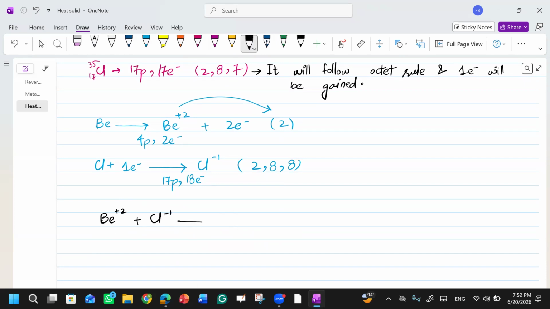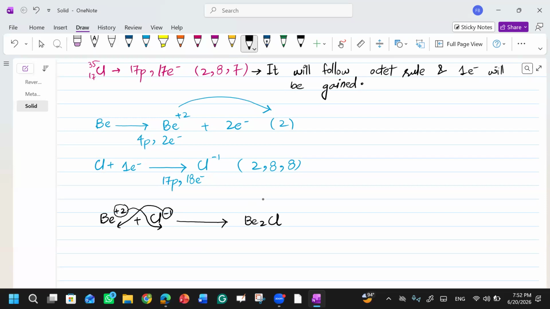When there is a difference in number, we exchange it. We write this in the denominator of this, and this in the denominator of that, and the sign is cancelled out.